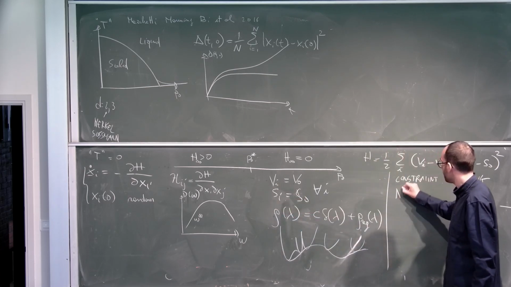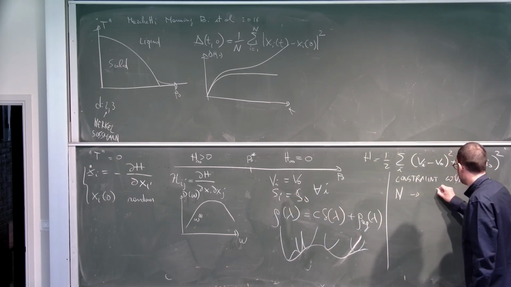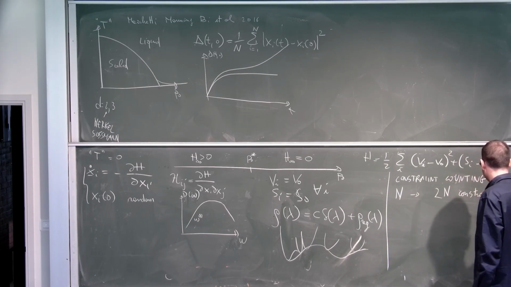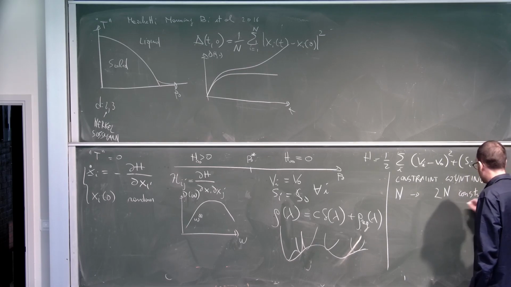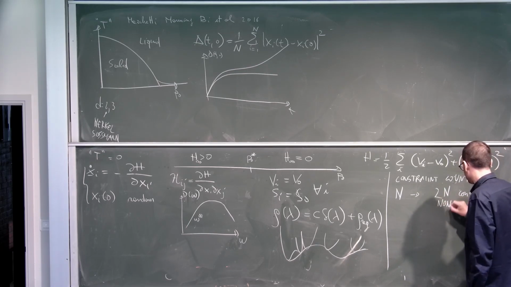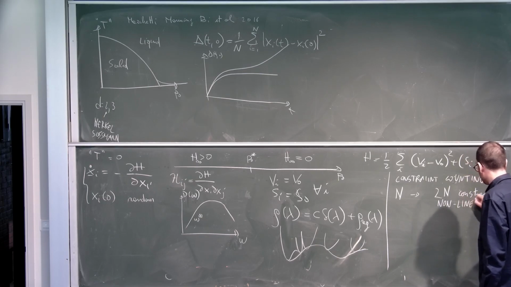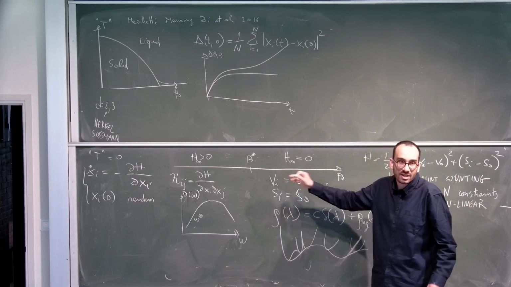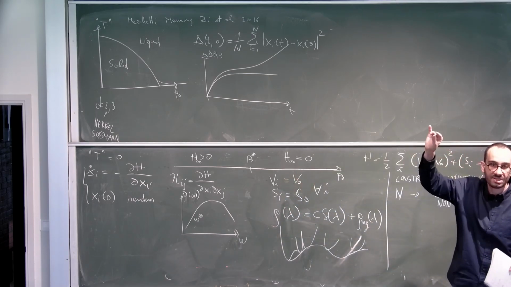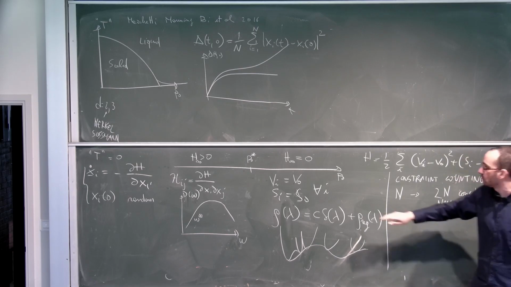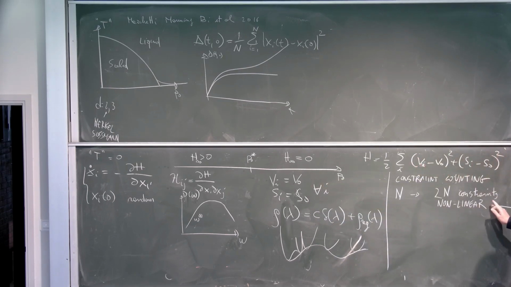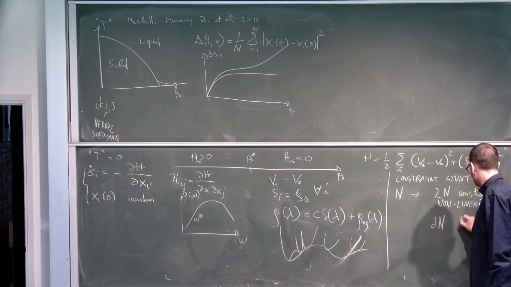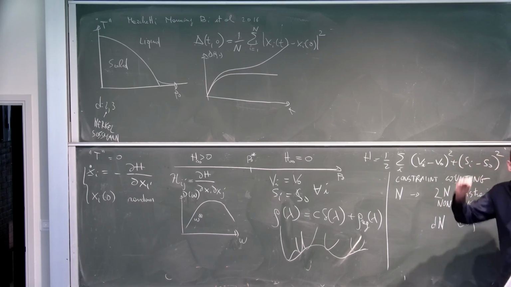If I have n cells, I have 2 times n constraints that are nonlinear, and this is important, because the volume and the surface are nonlinear functions of the positions of the Voronoi points. So I have 2n nonlinear constraints, and then I have d times n degrees of freedom, that are the coordinates of the Voronoi points.